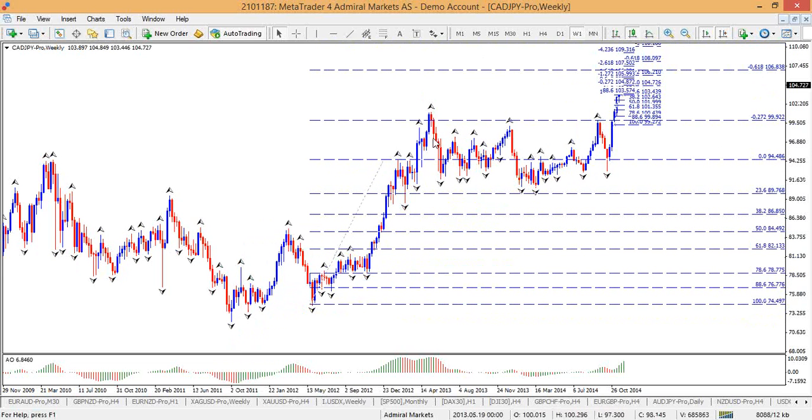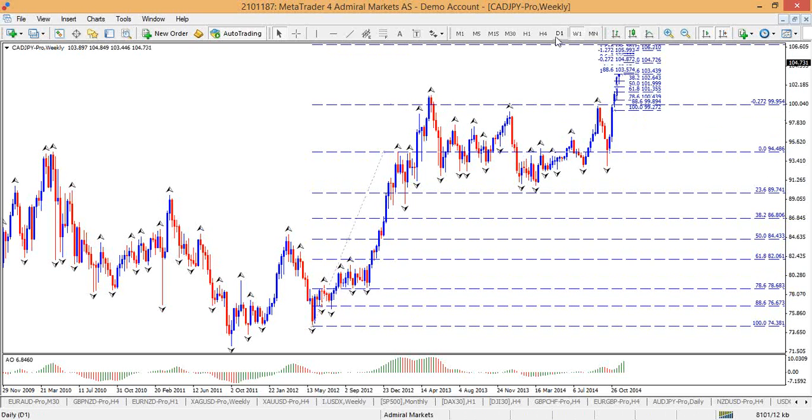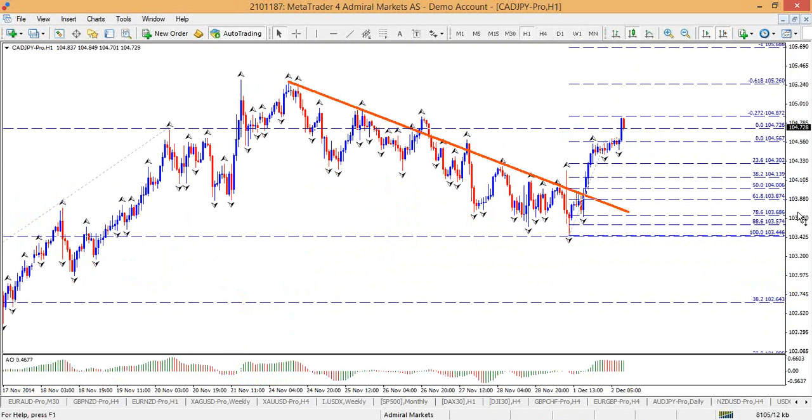That big target of the weekly chart is 106.80. So yeah, 106, 107 seems to be a big area with a lot of targets from different time frames.